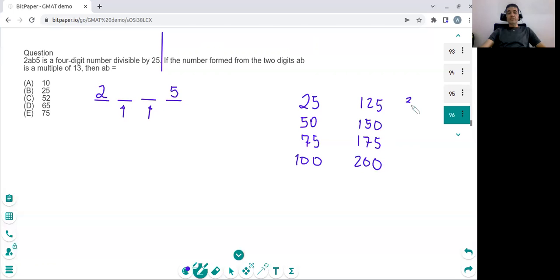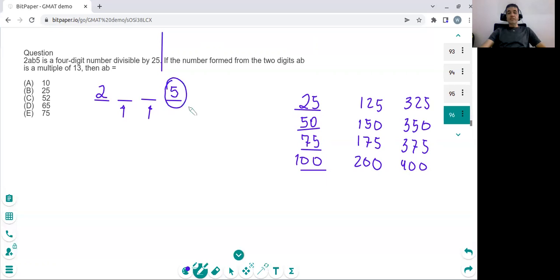Continuing, 325, 350. As you can see, all the multiples of 25 end in just 4 possibilities: they end in 25, 50, 75, or 00.